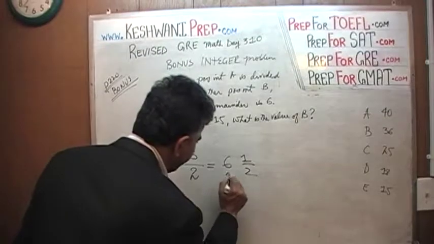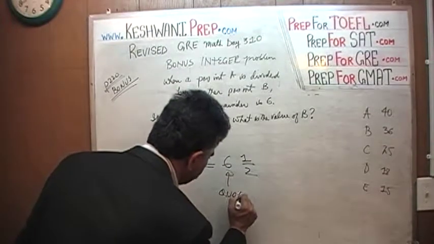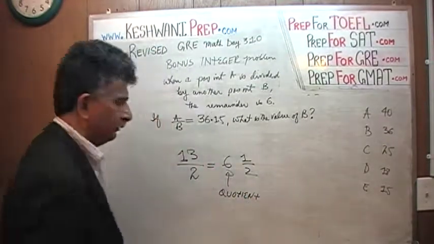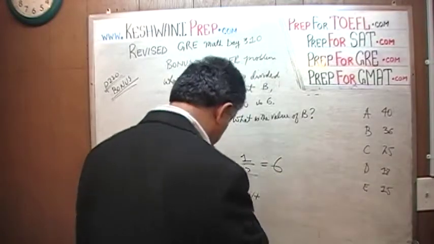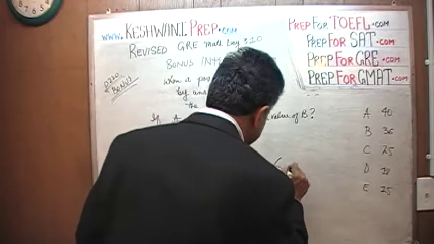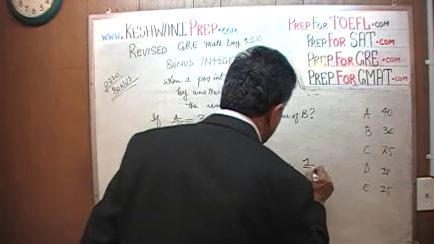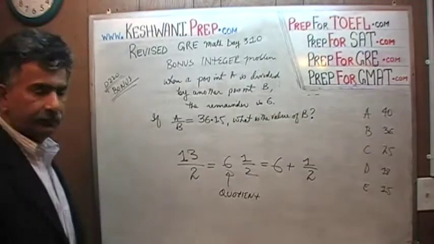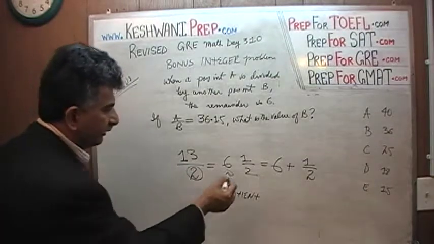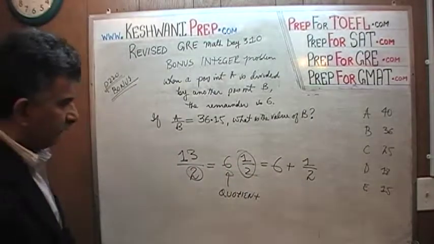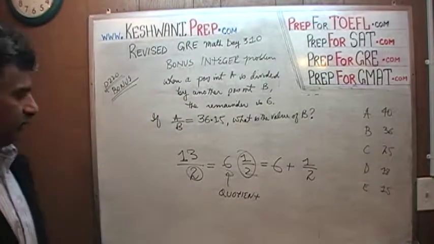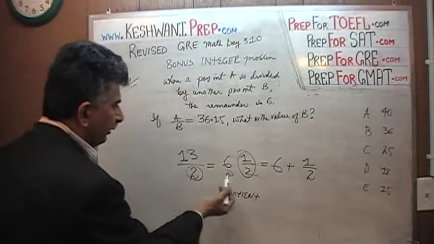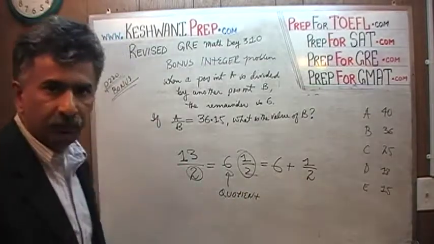This 6 is called the quotient. So here we can write this as 6 plus 1 over 2, because we're dividing it by 2. You see, that's where this 6.5 comes from. 6 is the quotient plus 1 over 2. Nobody's going to argue with the fact that 13 divided by 2 is 6 plus 1 over 2.